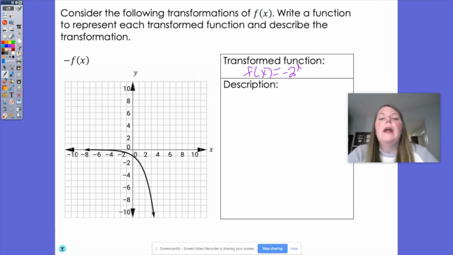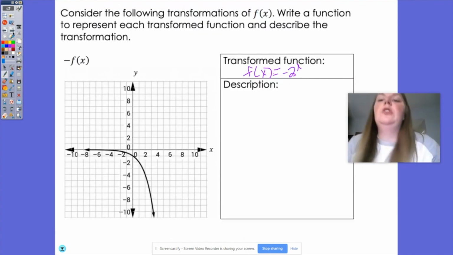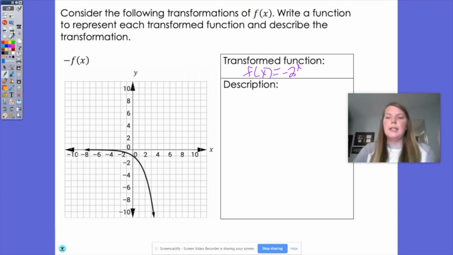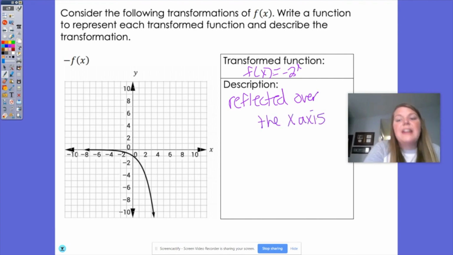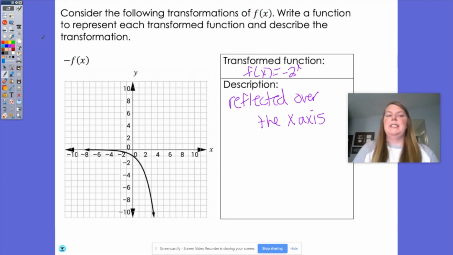And physically what happened is we took the graph, remember here's the original, and it reflected over the x-axis, which is the same thing that happened with quadratics, and it would go from facing up to facing down. So it is going to be reflected over the x-axis. So that's one type of transformation that we could see with exponentials.